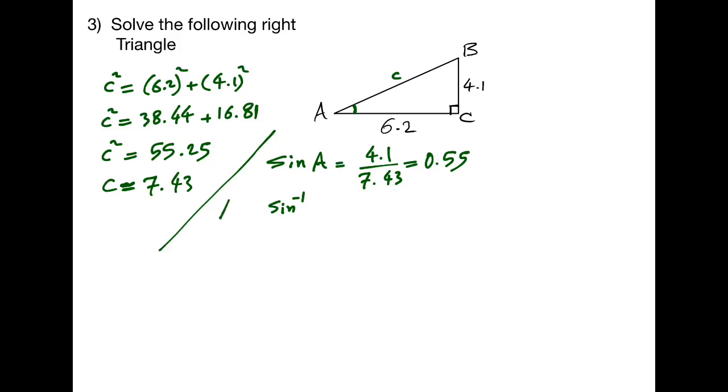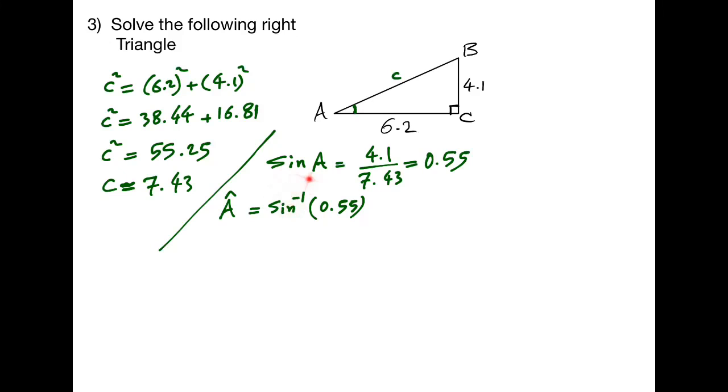So angle A equals sine inverse of 0.55. Just remember, whenever you have sine of an angle and you want to find the angle itself, use sine inverse.